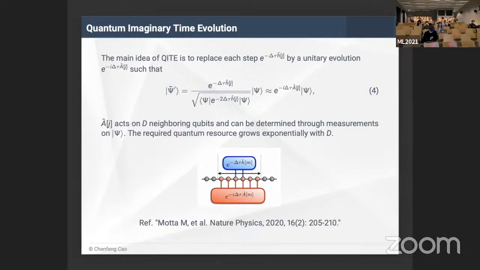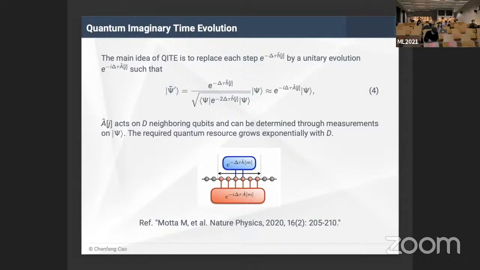And the main idea of QITE is to replace each non-unitary step e to the minus delta tau Hj by a unitary evolution e to the minus i delta tau Aj, such that the state after the non-unitary evolution and the state after this unitary evolution are very close.